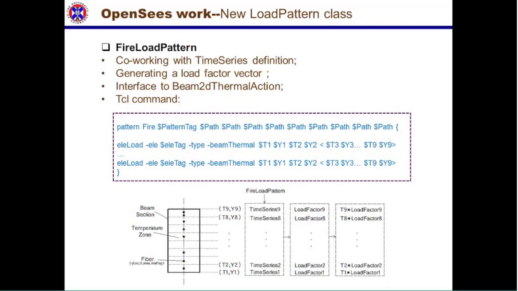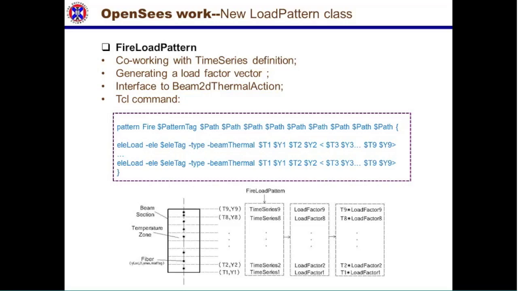For the plain pattern, we just have a linear temperature-time curve, but here we have 9 time series. It's quite a big advantage, and we provide an interface to the thermal action.